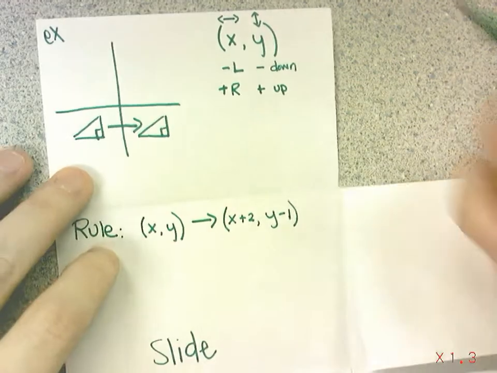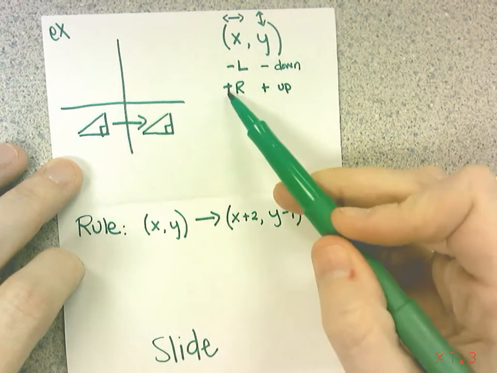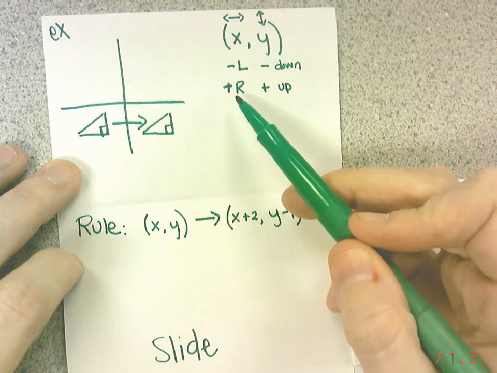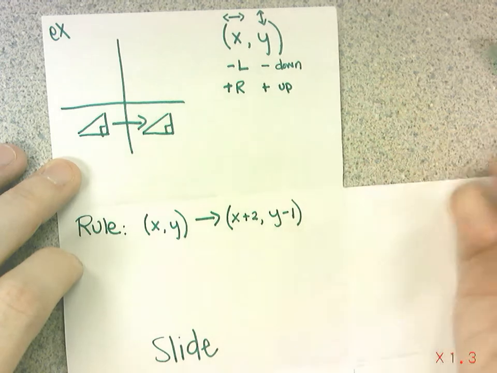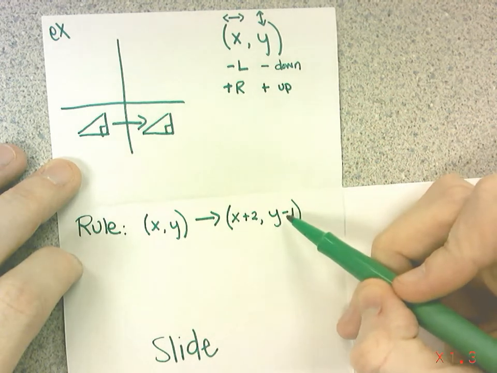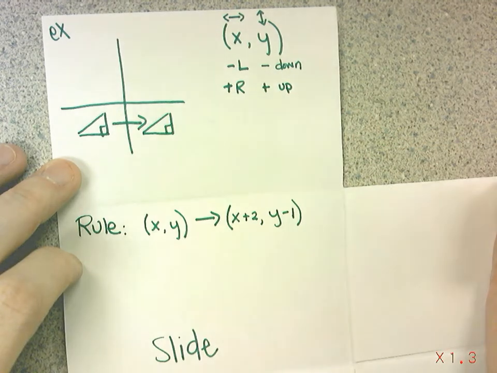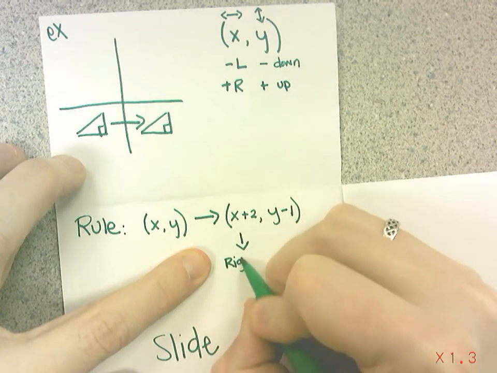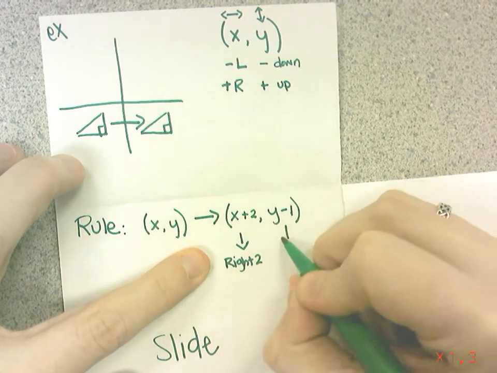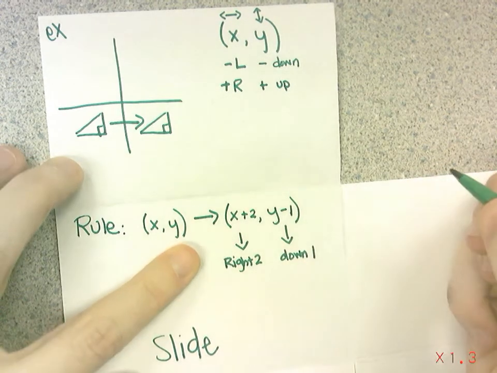So based on our little key that we wrote up here, if we add 2 to the x-axis, that means that we're moving our shape 2 spaces to the right. And if we subtract 1 on the y-axis, that means we're moving our shape 1 space down. Okay, so I'm going to write that underneath. This means we're going right 2 spaces. And this one means we're going down 1 space.